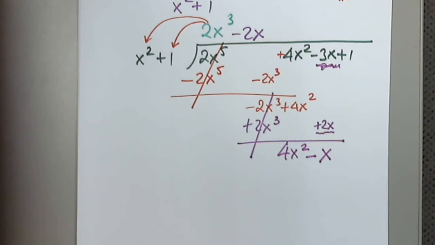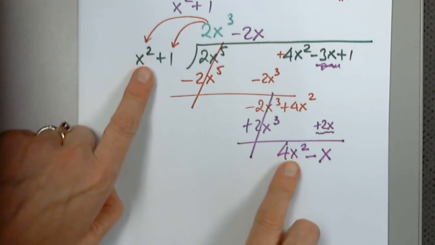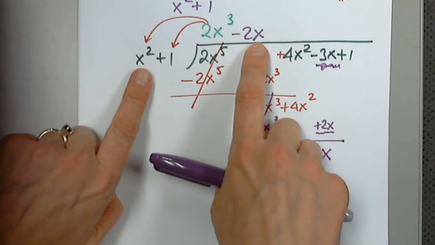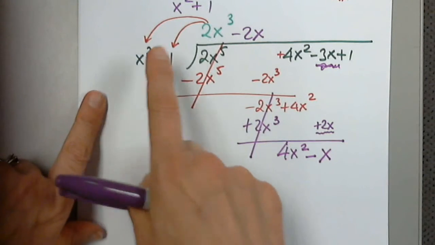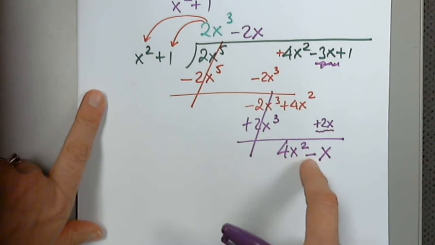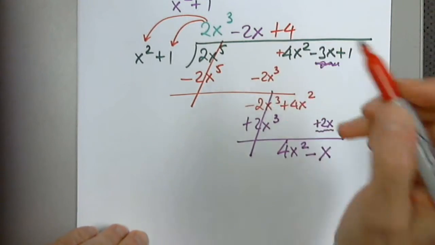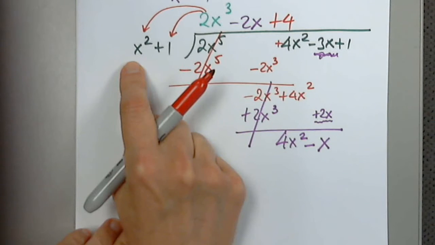Final question. How do I know it's final? Because these two degrees are the same now. So we had degree 3, degree 1, and there is degree 0 left. So x squared times what is 4x squared? Plus 4. Go back with 4. 4 times x squared is 4x squared.